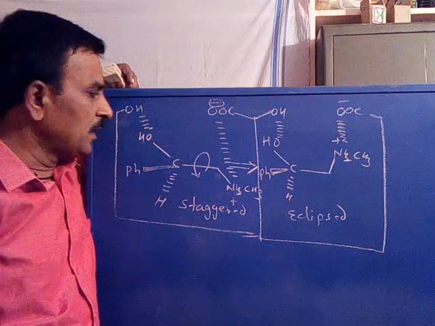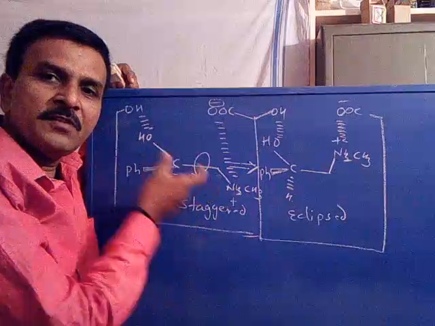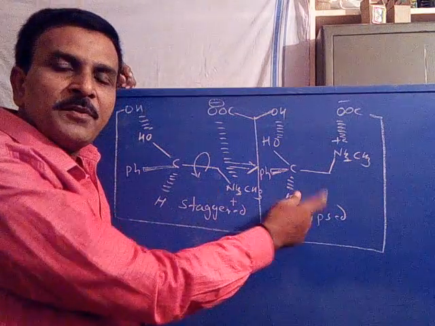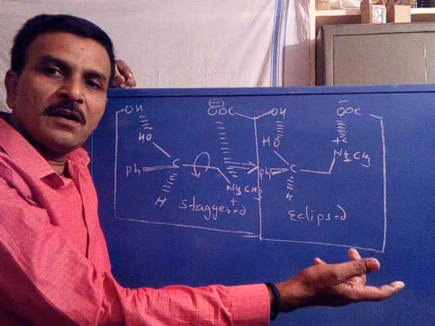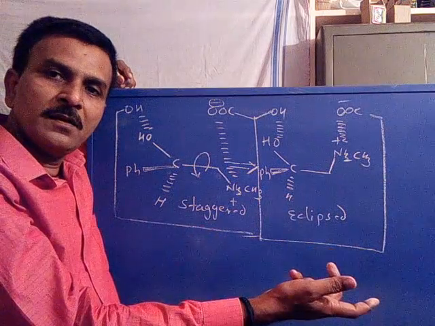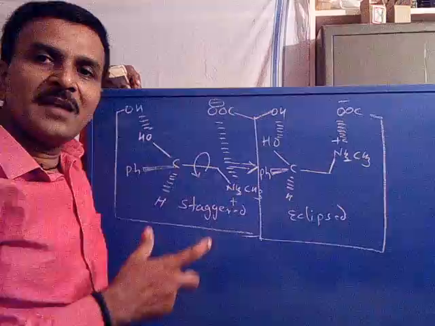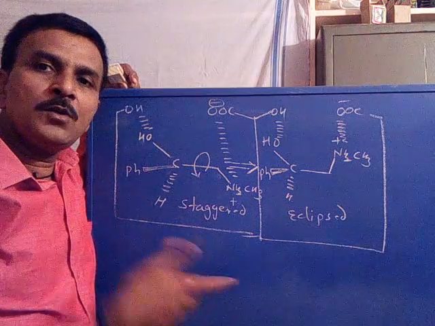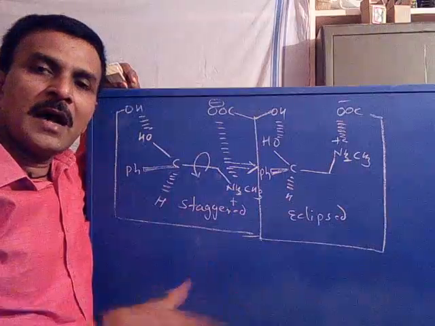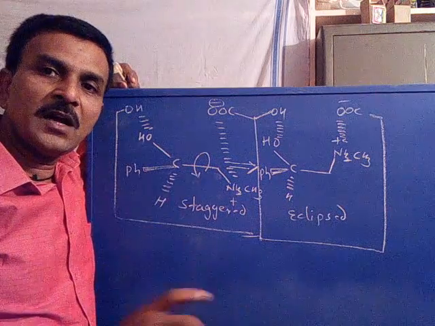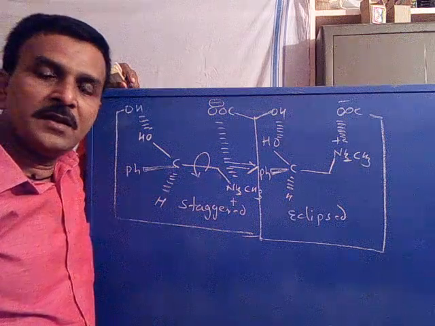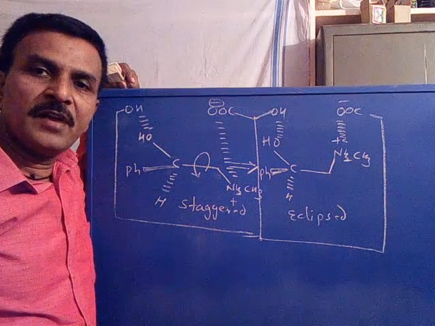One conformation interacts with one specific target, whereas the eclipsed conformation interacts with the other specific target, which is not desired. So when the molecule exists in more than one conformation, there may be a possibility to interact with an undesired target also. That leads to the side effect.